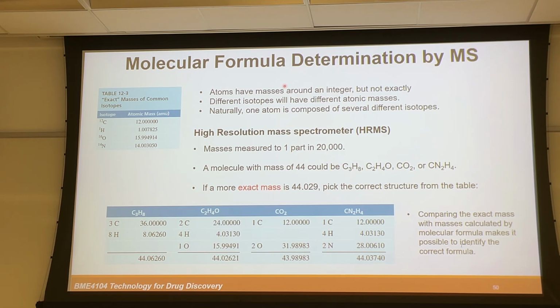Probably in middle school you learned that atoms have masses around an integer. Carbon has a mass of about 12, hydrogen has 1, oxygen has 16, nitrogen has 14, something like that, right? But in reality, they are not exactly integers. I'm listing the real accurate molecular weights.